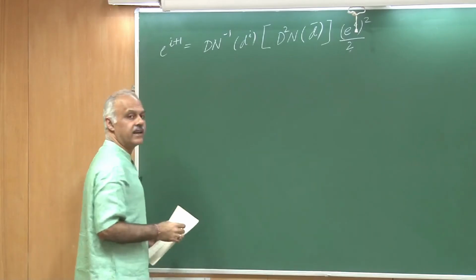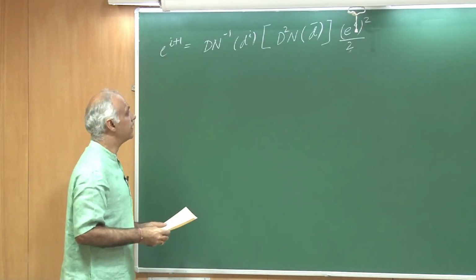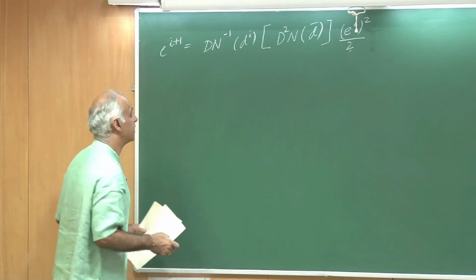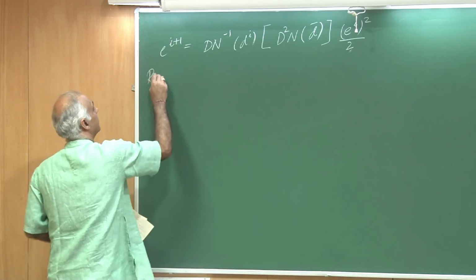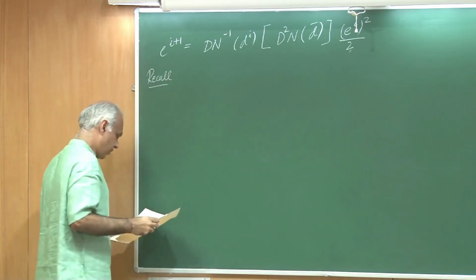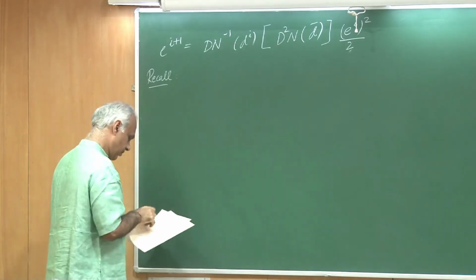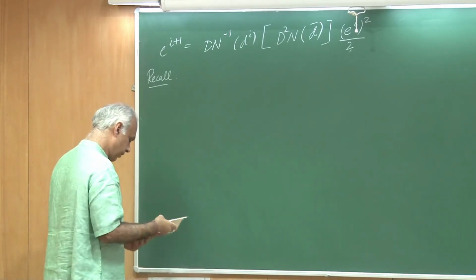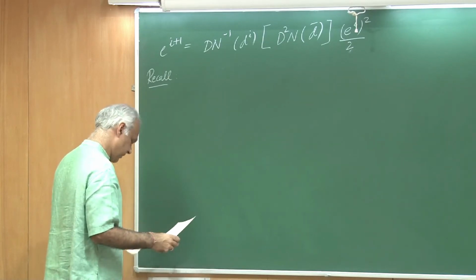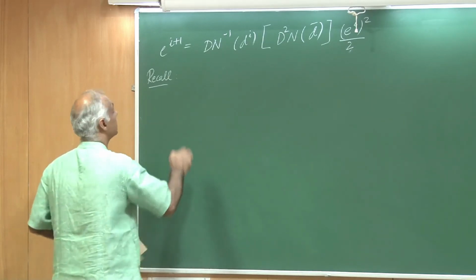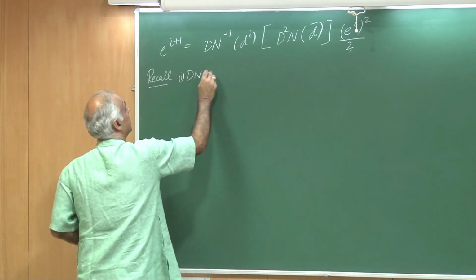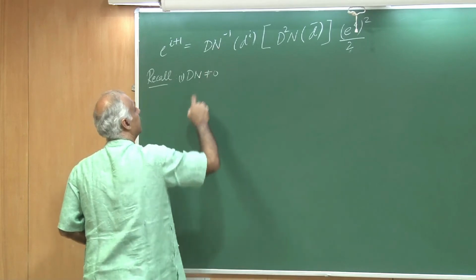Now, we had made a listing in the beginning. We had listed 3 conditions, so let me remind you what assumptions we made. The first one was about the derivative not going to 0: dN is not equal to 0, which means dN inverse exists.